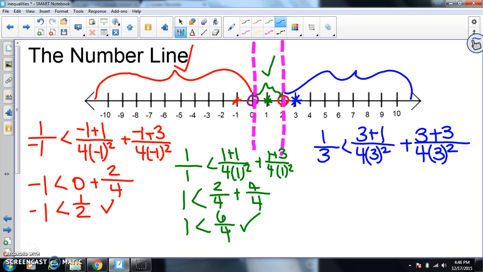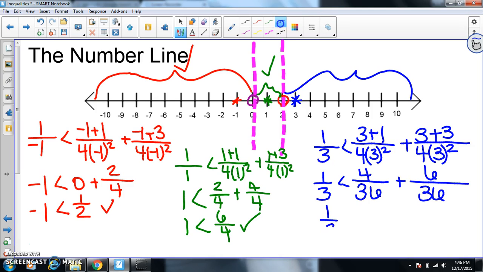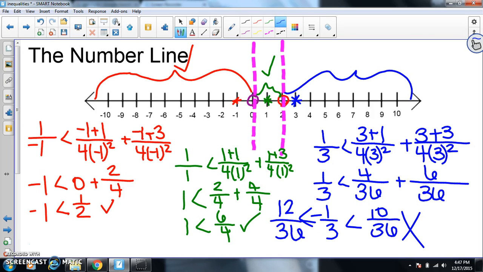Going to simplify. 1 over 3 is less than 4 over, 3 squared is 9, 9 times 4 is 36, plus 3 plus 3 is 6. Once again, 4 times 3 squared is 36. Is 1/3 less than 10 over 36? No, because 1/3 is the same as 12 over 36, which is greater than 10 over 36. So our blue section does not work.